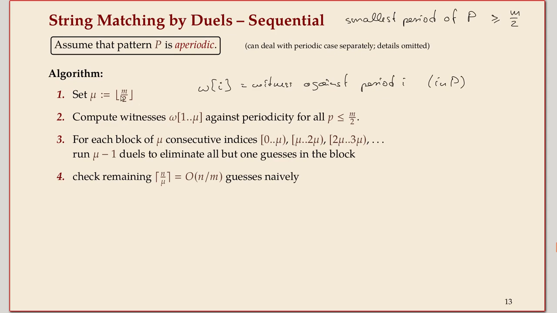But I also know this is in a small neighborhood, so I can cover all those whenever I take inside a block 2 positions. So that's 0 up to mu. Whenever I take 2 positions here, their distance is less than mu, so their distance is a non-period.